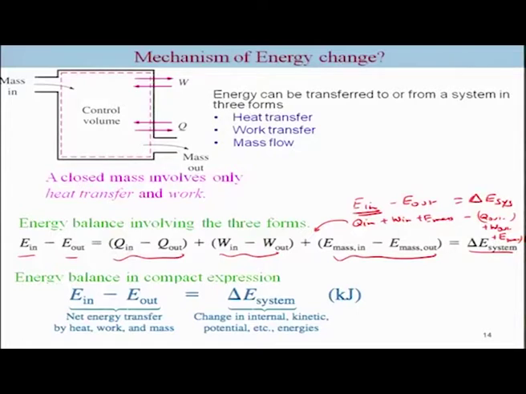So, this would be net heat in, net work in, net mass in is equal to delta E system, and that is the reason that you can write in a compact expression: net energy transfer by heat, work and mass is equal to change in the internal energy, kinetic energy, potential energy of the system.